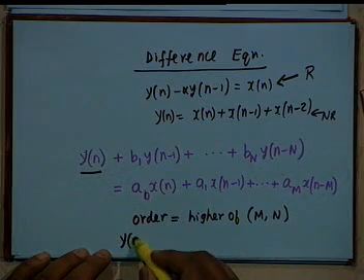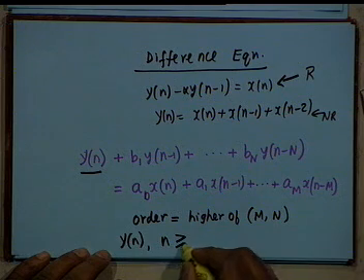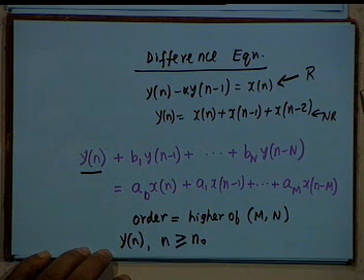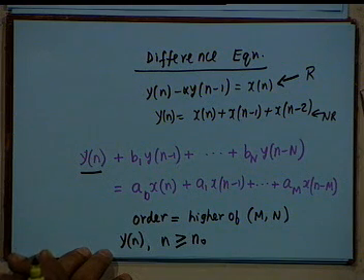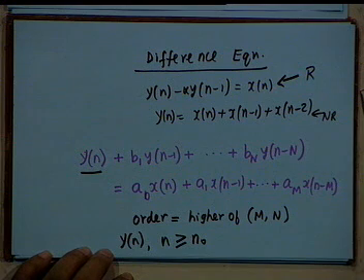Given this difference equation description of a system, and given the fact that it is causal, then you can compute y of n for any n greater than or equal to some quantity n0, provided initial conditions on the system are given prior to n equal to n0.